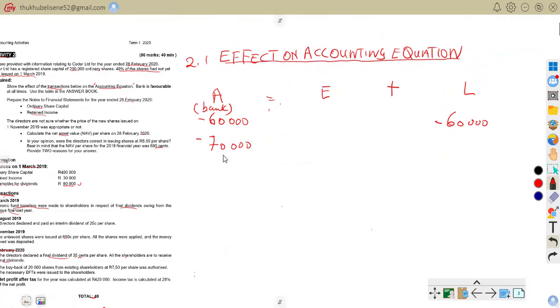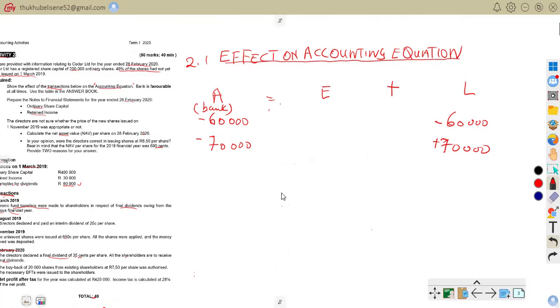But these people are not yet paid, so on liabilities this is going to increase our liabilities by 70,000, because we are yet to pay them. But on the side of assets, we already show it as a decrease because we're going to pay out money to our shareholders. Hope you understand that point.